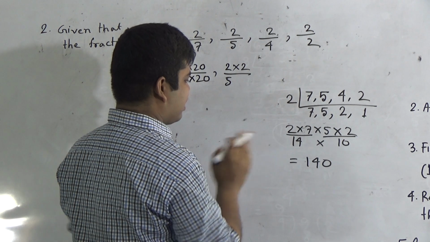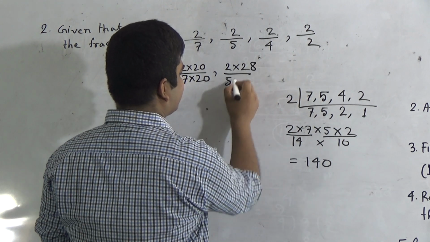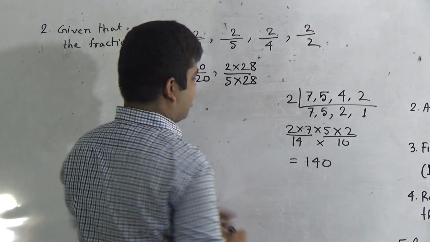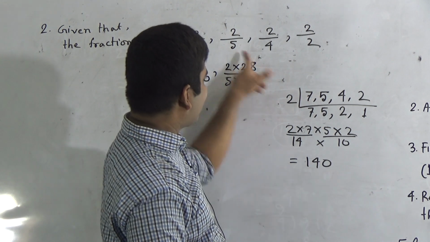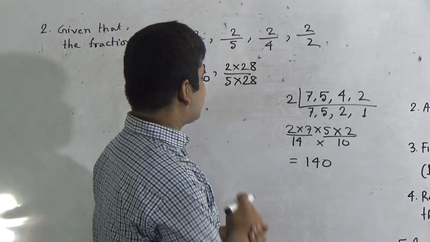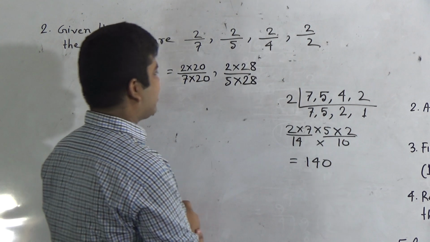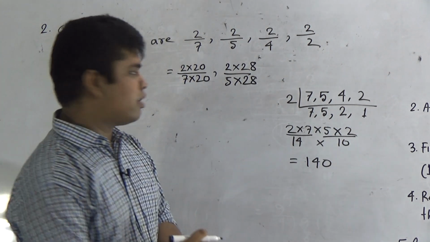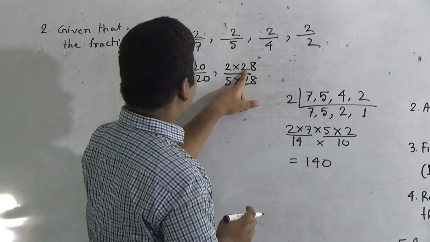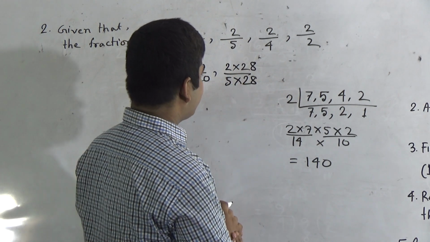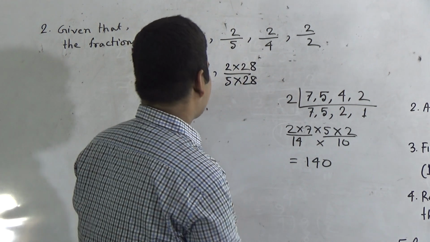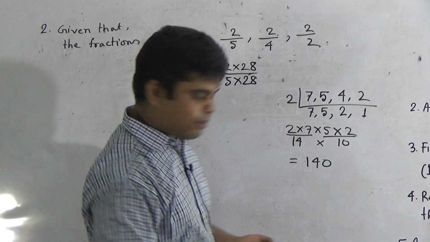So in 40, 5 goes 8 times. So if we divide 140 by 5, then we get 28. So now this 28 is multiplied with both numerator and denominator. So 2 multiply 28. Okay, so this is done.